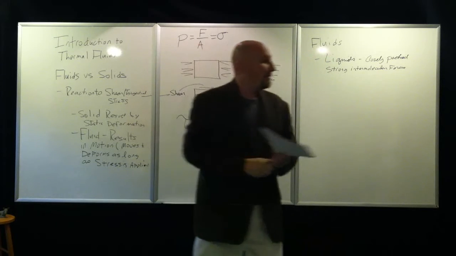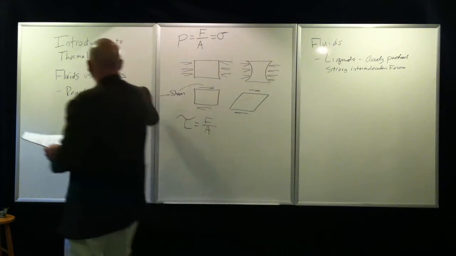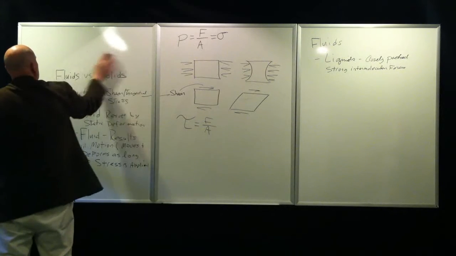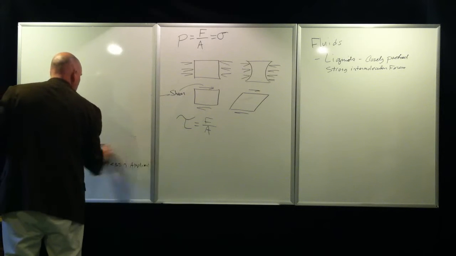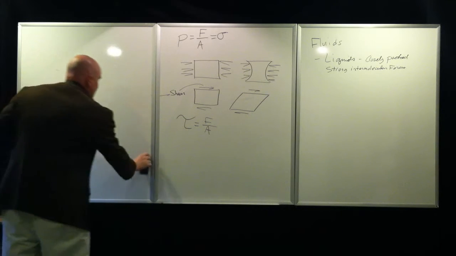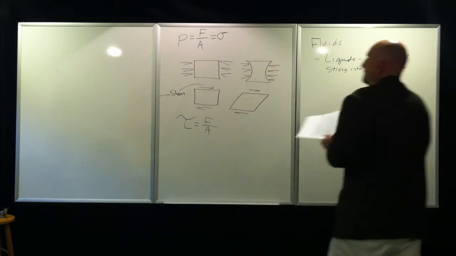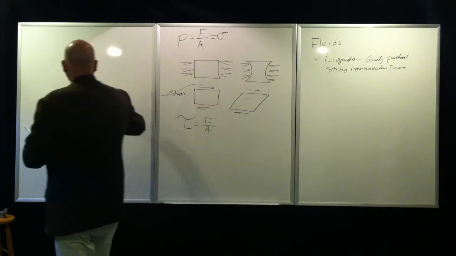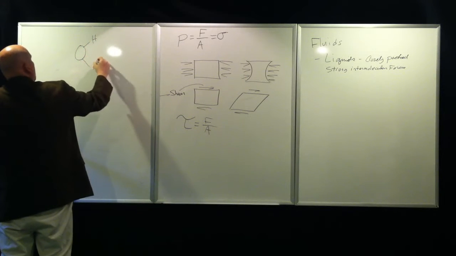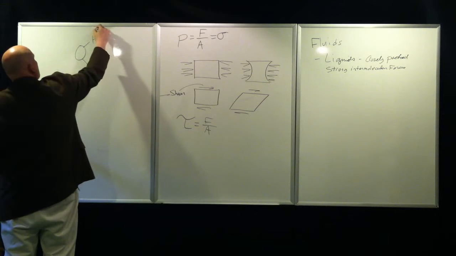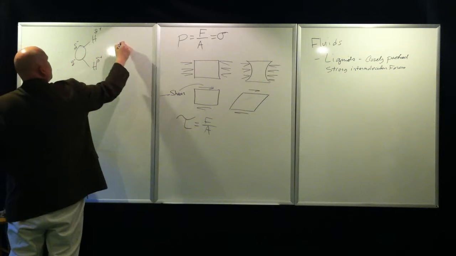Alright, so reviewing chemistry, if you have strong intermolecular forces, those are the forces between molecules. And depending on the temperature you're at, you'll have a liquid. So if we represent hydrogen bonding with oxygen bonded to hydrogen, this is going to be the partial positive, partial negative, partial negative.